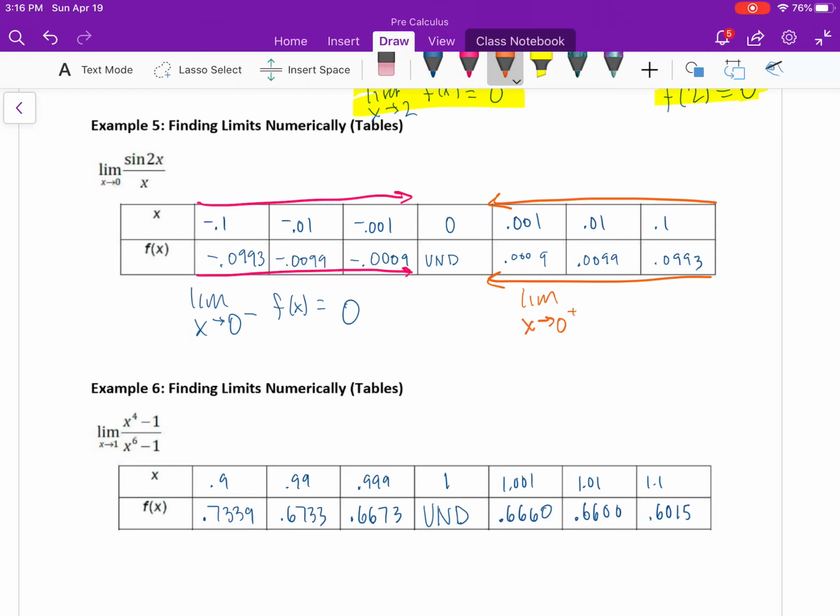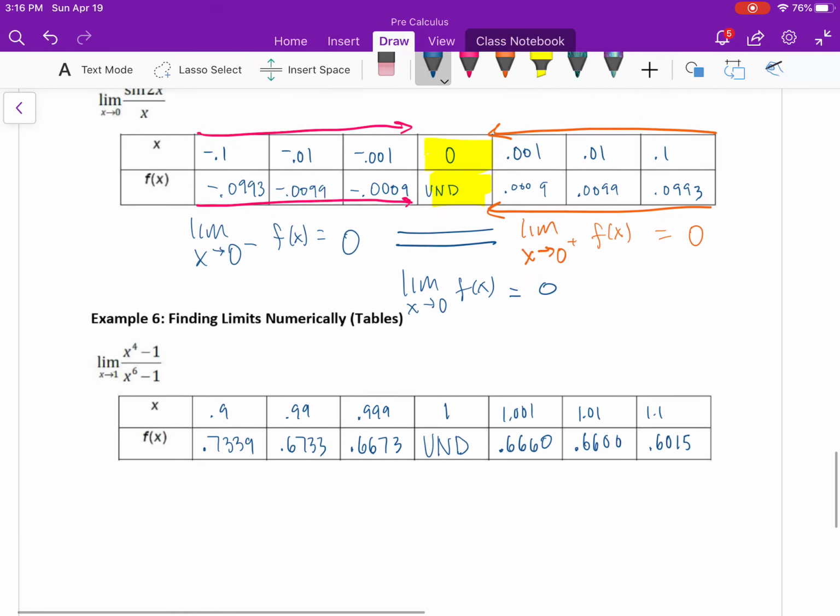So the limit as x approaches 0 from the positive side would be 0, even though the function itself at 0 is undefined. The limit is what they're getting closer to. So finally, the limit as x approaches 0 in general, because these two things are the same, would also be 0.